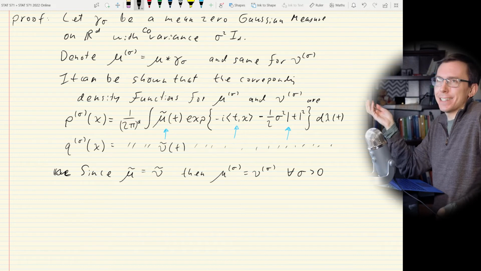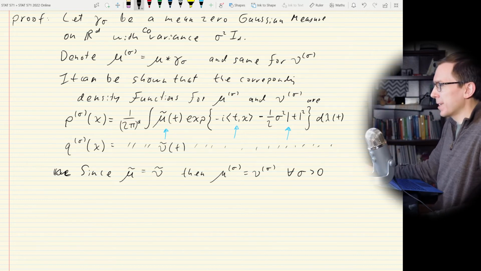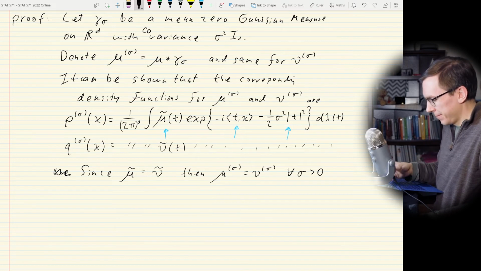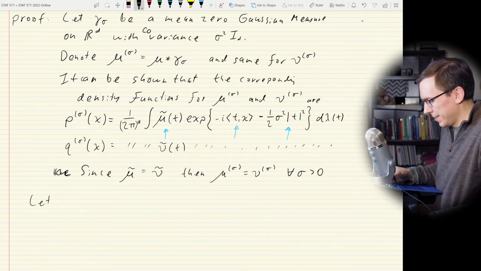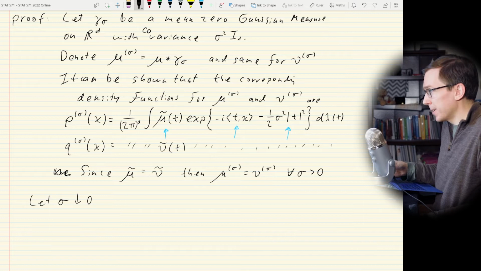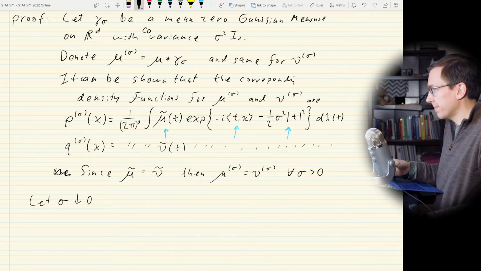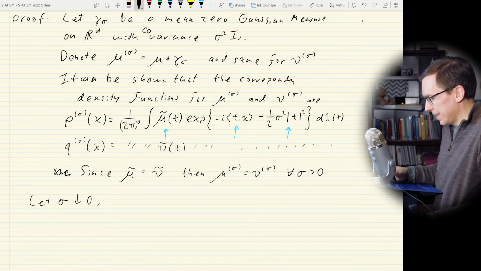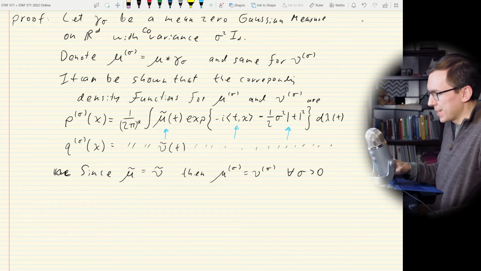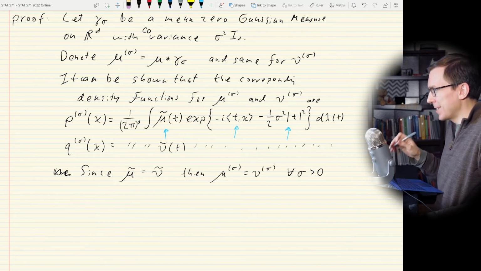Anyway, the point is we want to take sigma to 0 to conclude the theorem. So next, let sigma go to 0. We want sigma to go to 0, but we're not going to do it just yet.